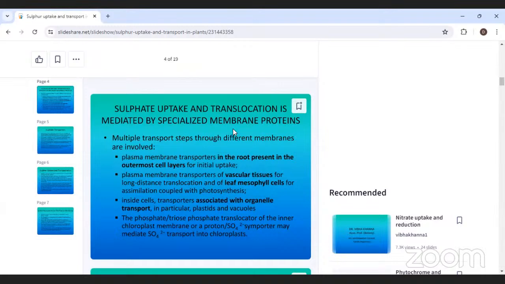Sulfate may be reduced to sulfide and converted into a thiol group. This may be incorporated into cysteine or converted into thioester, methyl sulfonium compounds, and sulfoxide.